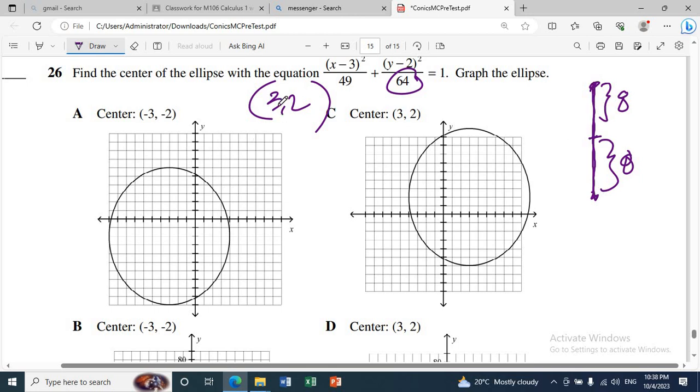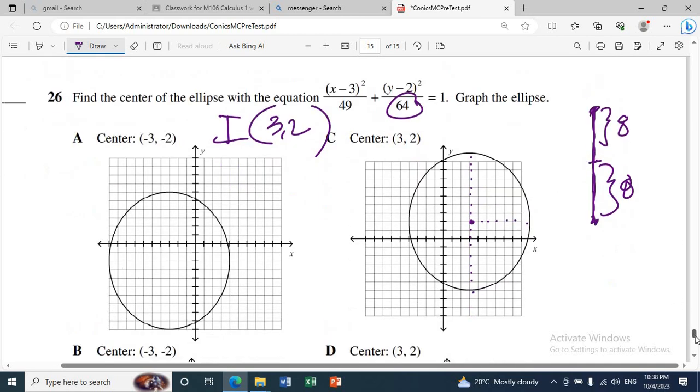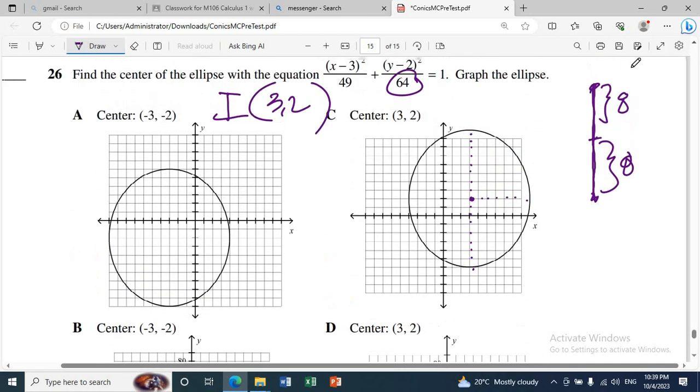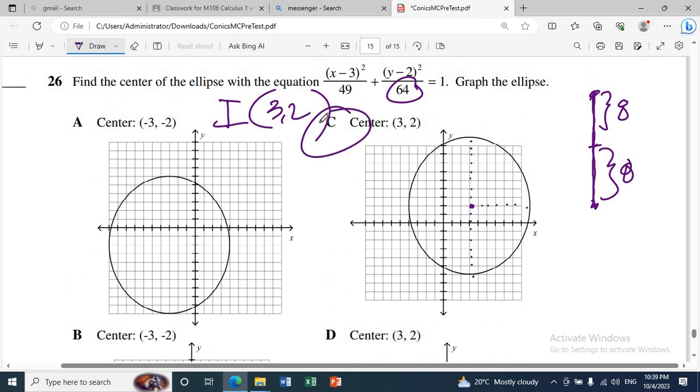It is vertical, in quadrant 1. Let's check if it goes 8 units up: 1, 2, 3, 4, 5, 6, 7, 8. Do we have other similar graphs? None, because those are at the origin. So the correct answer here is letter C.